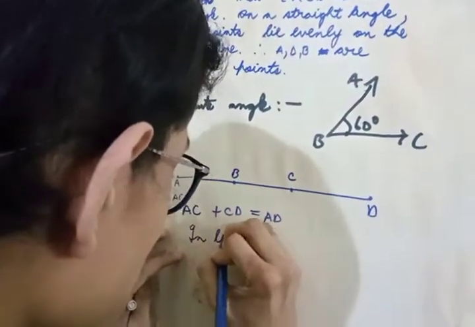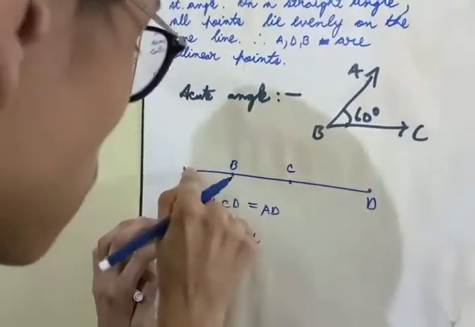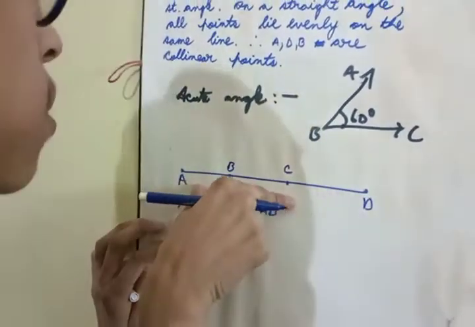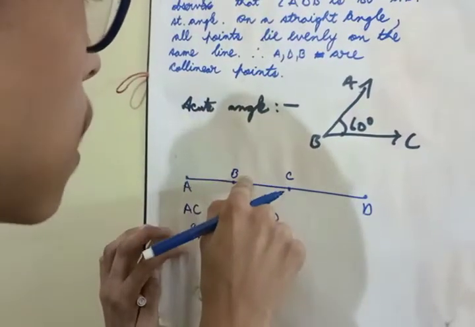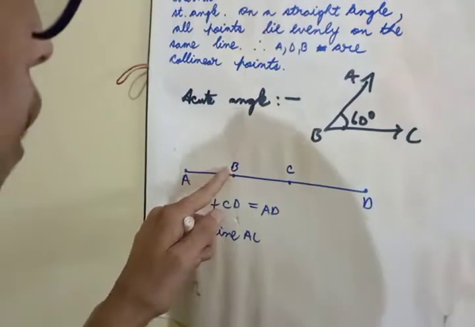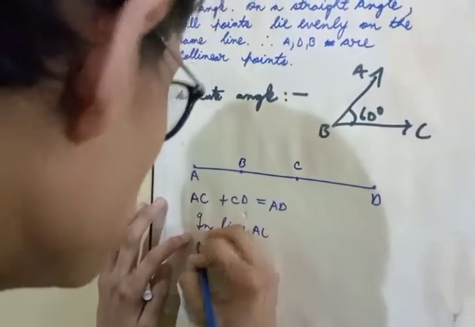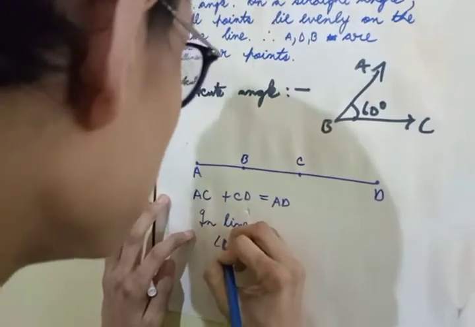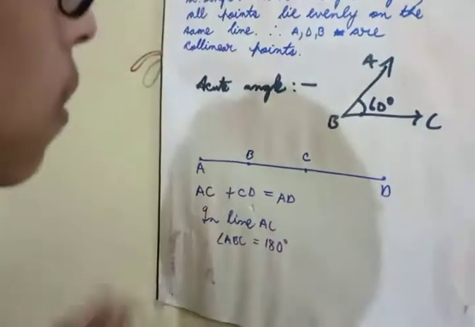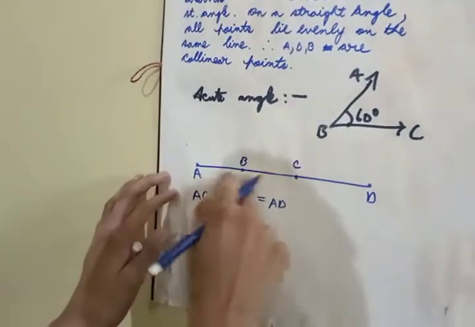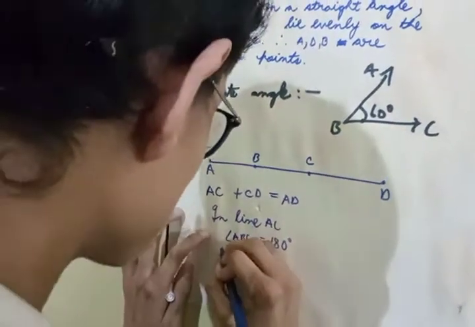Now let's first take the line AC. In line AC, only observe from point A to C. Here you can see that angle B is a straight angle, that is 180 degrees. Angle ABC equals 180 degrees. So A, B, C are collinear points.